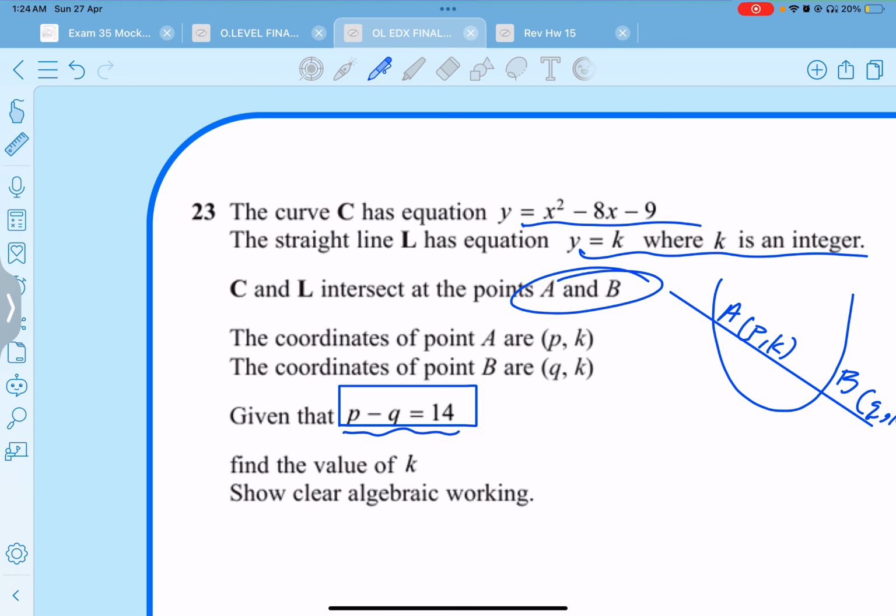By logic, if I have x minus y equal to a positive number, then x must be greater than y, right?